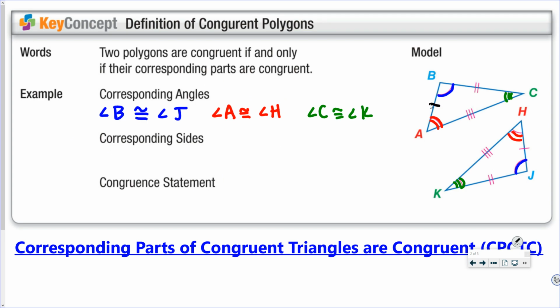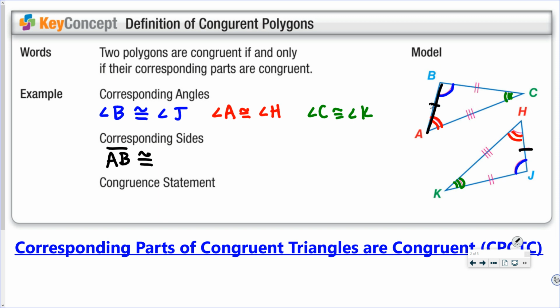Right here I have one dash mark, and let's say I call it side AB. Notice how I started with angle A, or I should say the vertex A of that triangle.